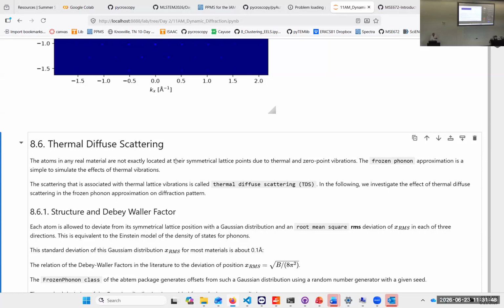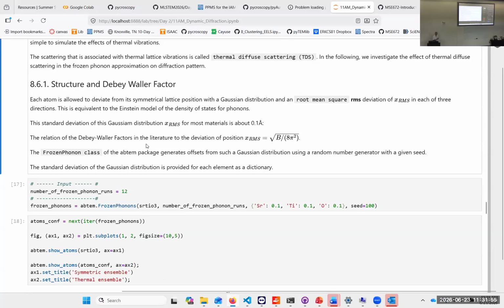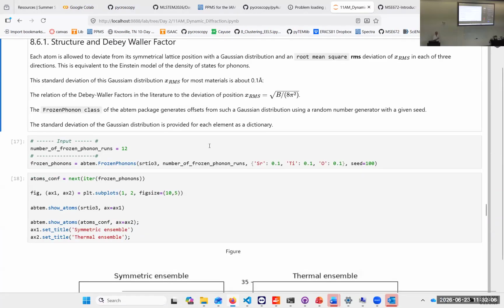And the key factor here is the Debye-Waller factor. And so all of these atoms are deviating from the ideal position by a certain amount. In the average, they are, of course, at their position, or it's the ideal position.